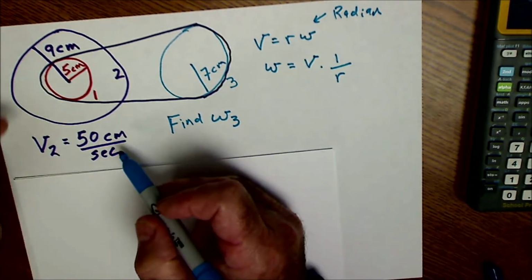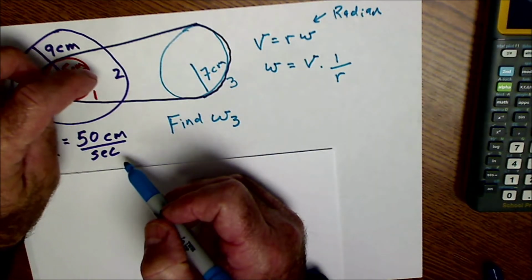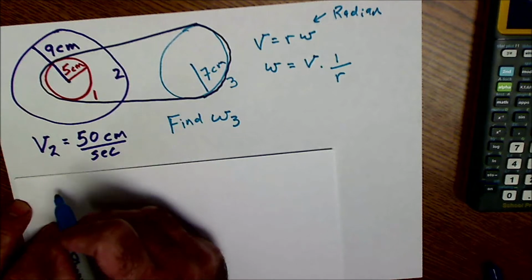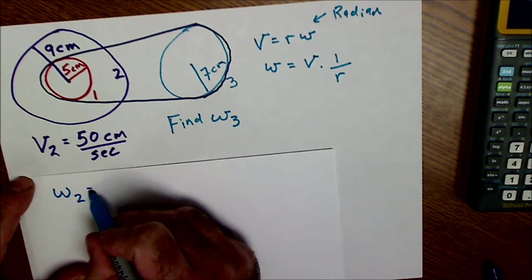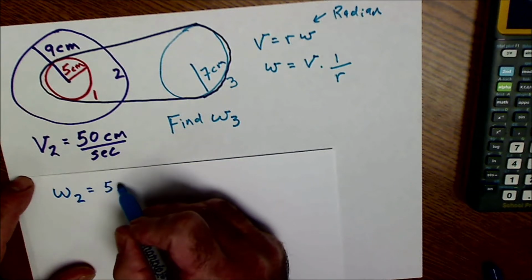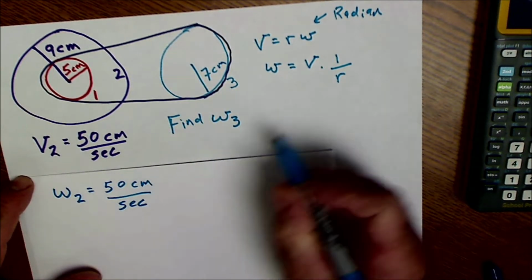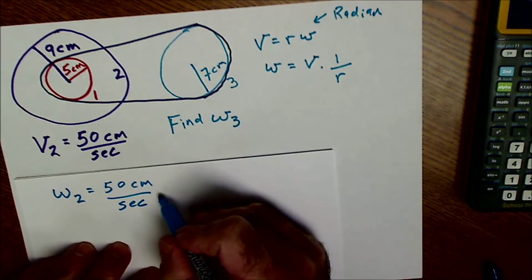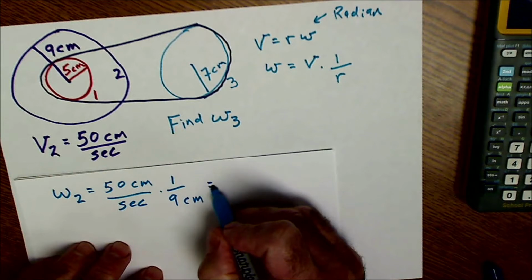So I only have 2 variables for my purple gear, 9 centimeters and linear velocity. So the angular velocity of gear 2 in purple is going to be its linear velocity, 50 centimeters per second, divided by its radius, or multiplied by 1 over 9 centimeters.